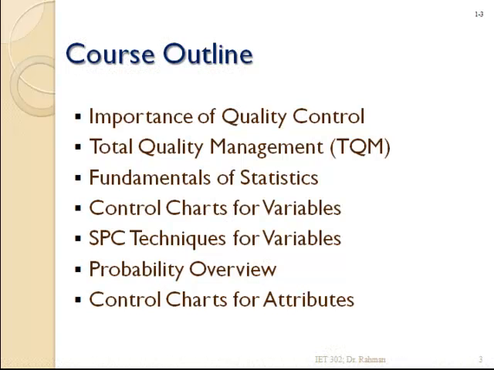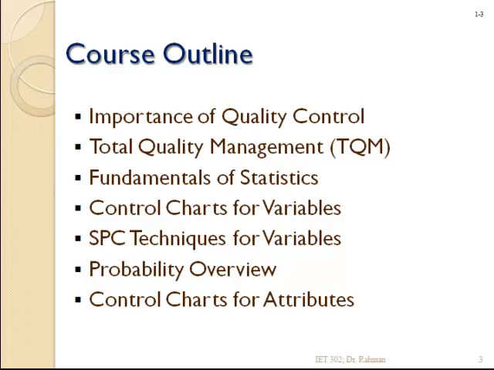Now here, the course topics. We will cover briefly the importance of quality control, then total quality management, which stands for TQM, then fundamentals of statistics, control charts for variables, SPC techniques. Now SPC stands for statistical process control.